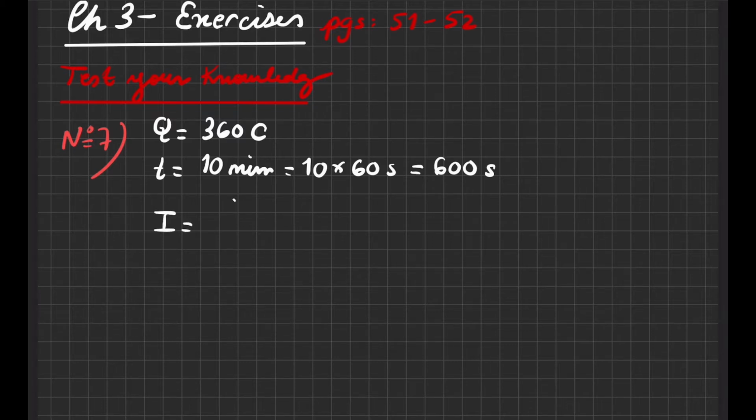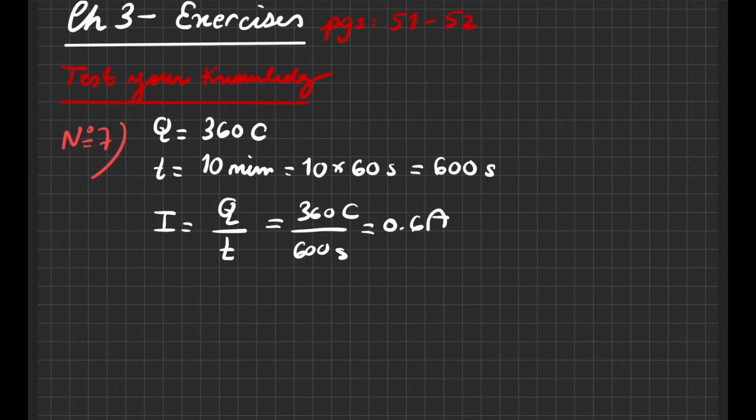And we know that the current I equals the quantity of charge divided by time. I'm sorry, that is 360 coulombs divided by 600 seconds. 360 divided by 600 is 0.6.